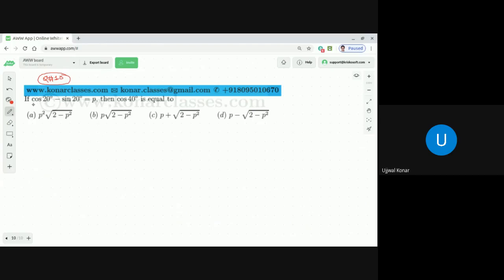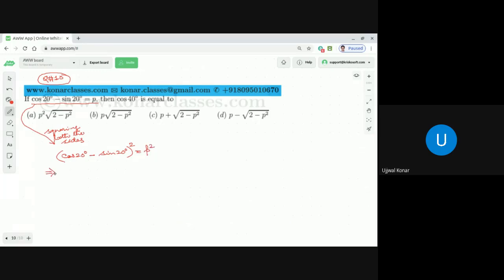So if we start with this, dear students, that cos 20 degree minus sin 20 degree is equal to p. And if we square both the sides, what are we going to get? Cos 20 degree, just a minute, let me write properly. Cos 20 degree minus sin 20 degree whole square, that is equal to p square.